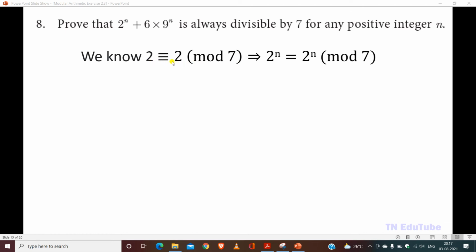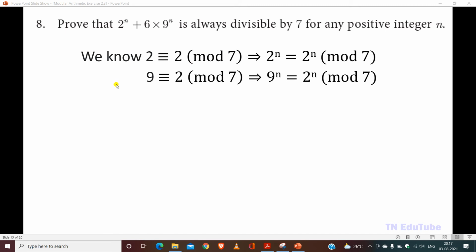So 2 is congruent to 2 mod 7. When you are multiplying n times, you get 2 power n is congruent to 2 power n mod 7. Okay children, so n times you have to write this equation and multiply all of them, you get the same thing by applying theorem 5.